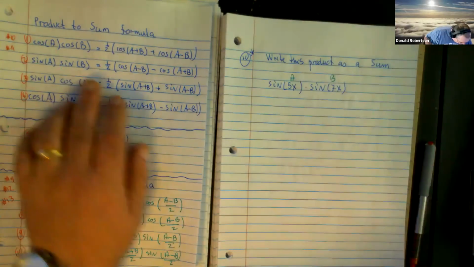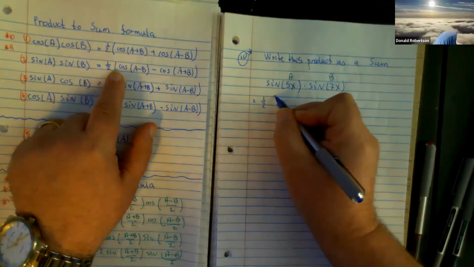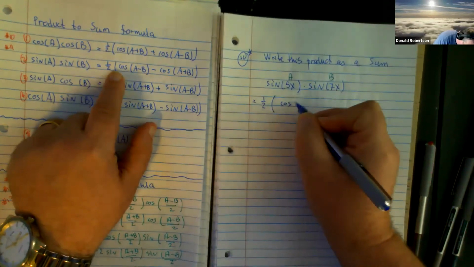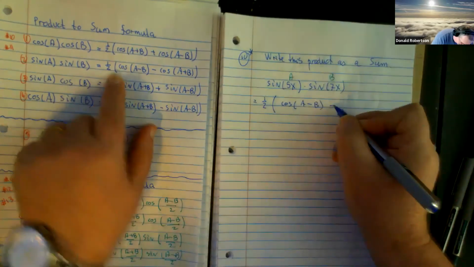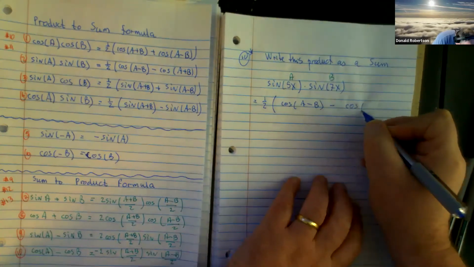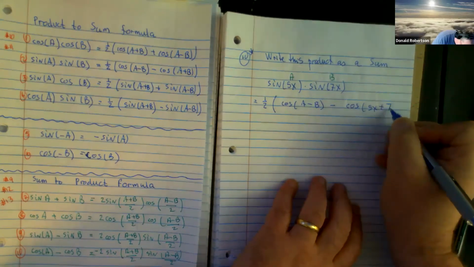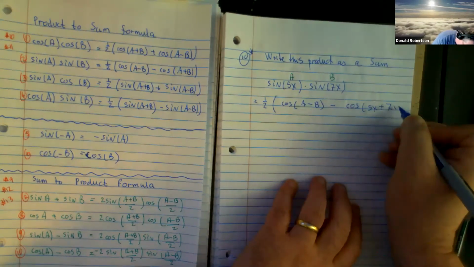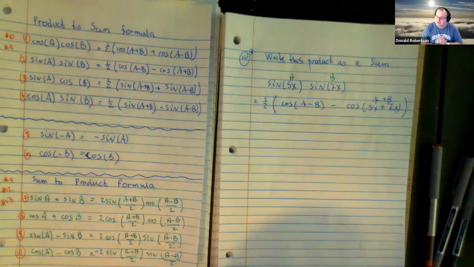So our formula is 1/2 a bracket. The cosine of A take away B, subtract the cosine of A add B. There we go.